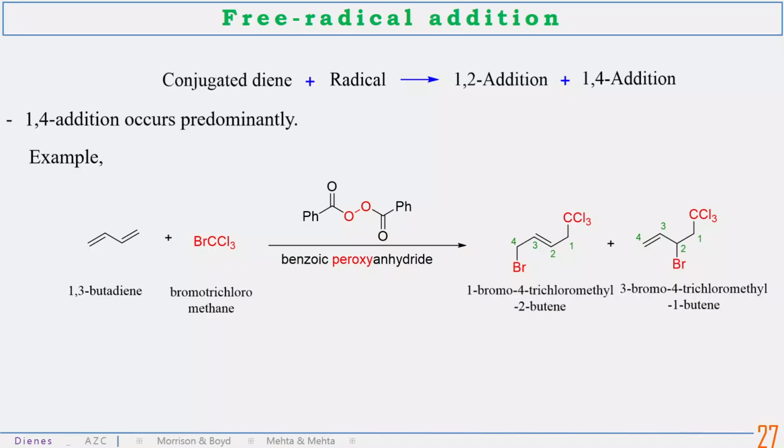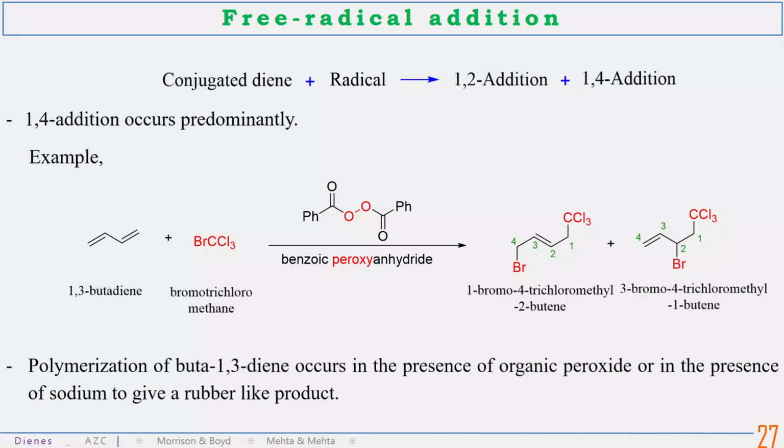Example: buta-1,3-diene reacts with halogens in the presence of an organic peroxide or light to form 1,2 and 1,4 addition products. Polymerization of buta-1,3-diene occurs in the presence of organic peroxide or sodium to give a rubber-like product.